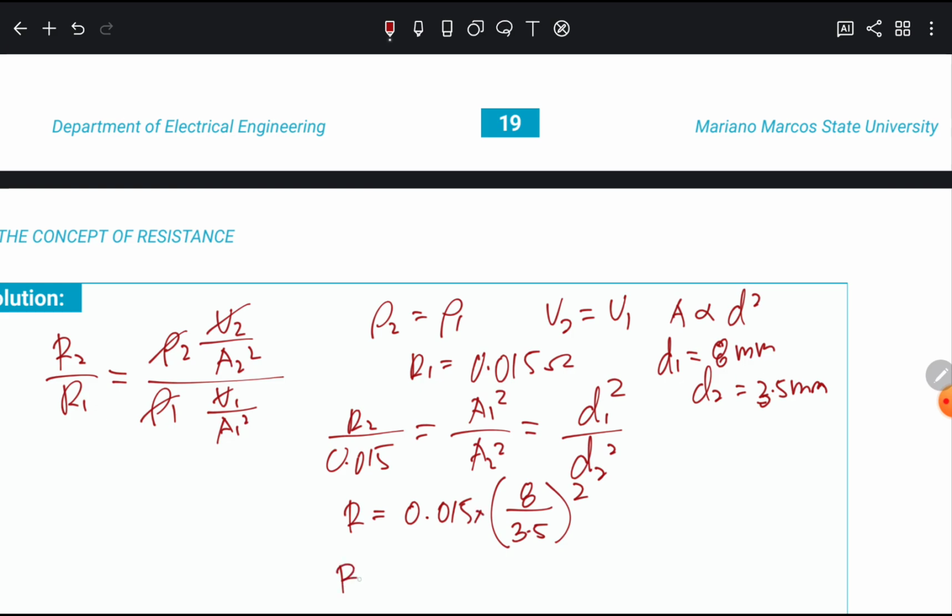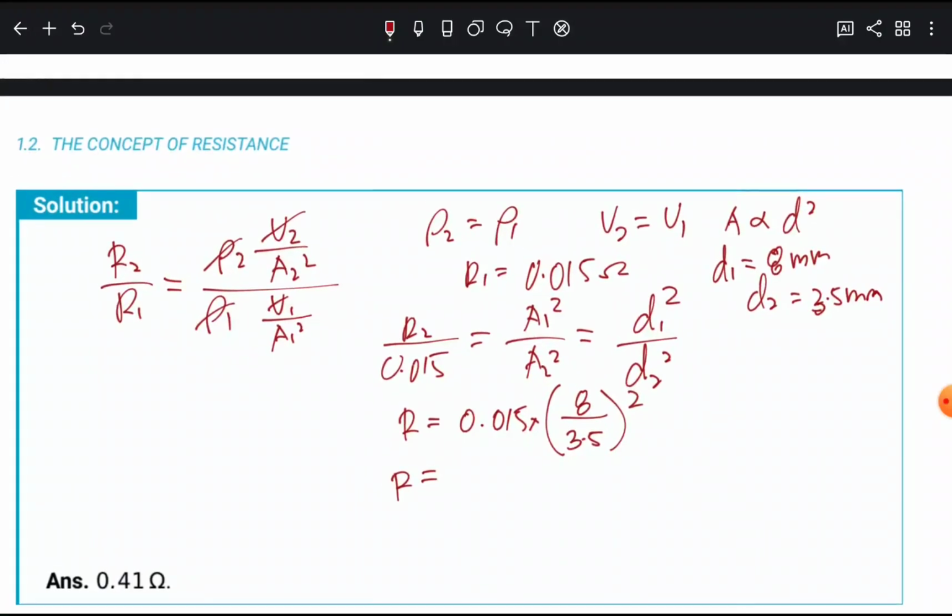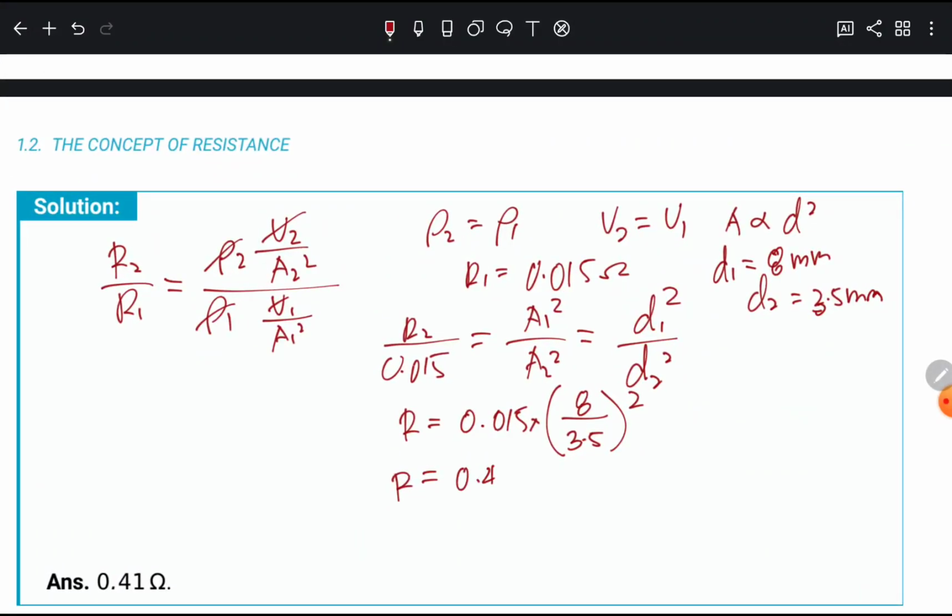And that will be our new resistance, which is equal to 0.41 ohm. Let me just calculate that. 0.015 times 8 divided by 3.5 squared. I think it's not 0.41.